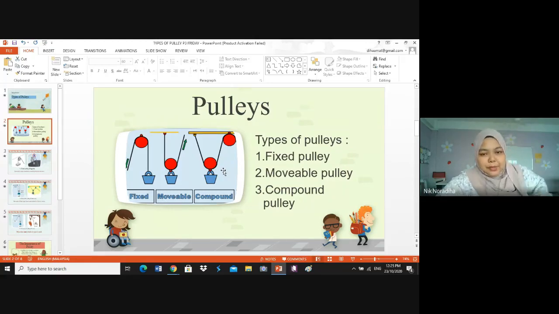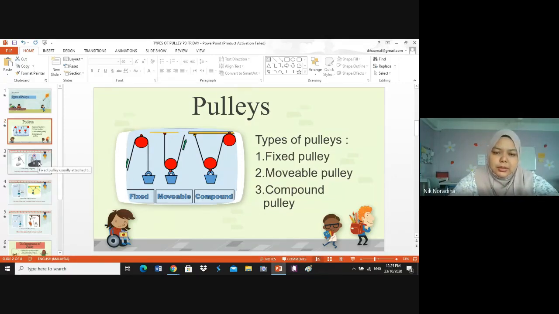So remember, when you see a picture that has more than one pulley, right away the answer will be compound pulley. If more than one, compound pulley. If it can move, movable pulley. If attached to one place and cannot move, it's fixed pulley. Okay, so these are the three types of pulley that we're going to learn today.